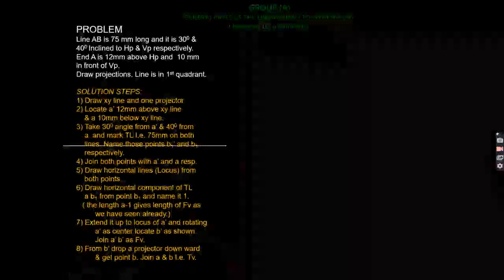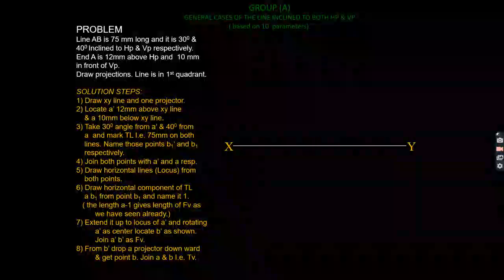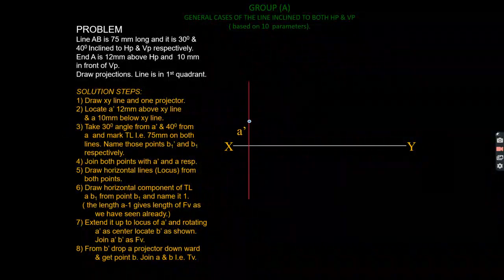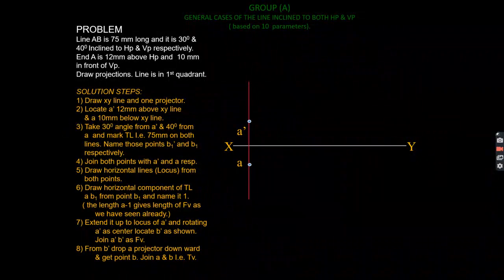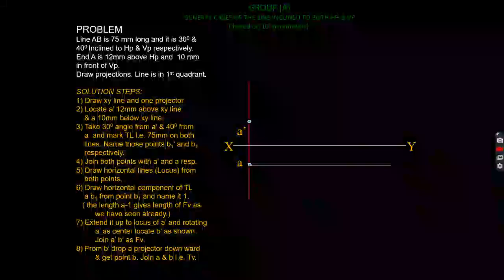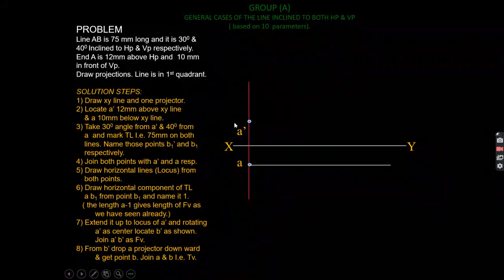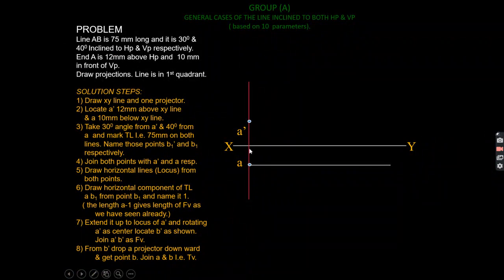First I will draw the position of point A from the reference line. This distance will be 12 mm and this distance will be 10 mm.